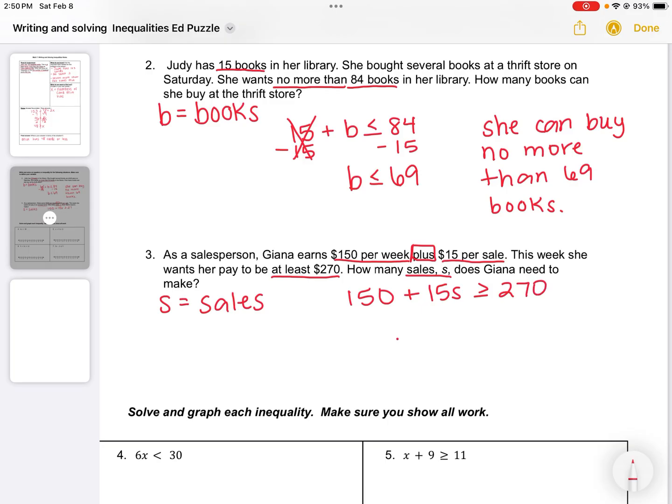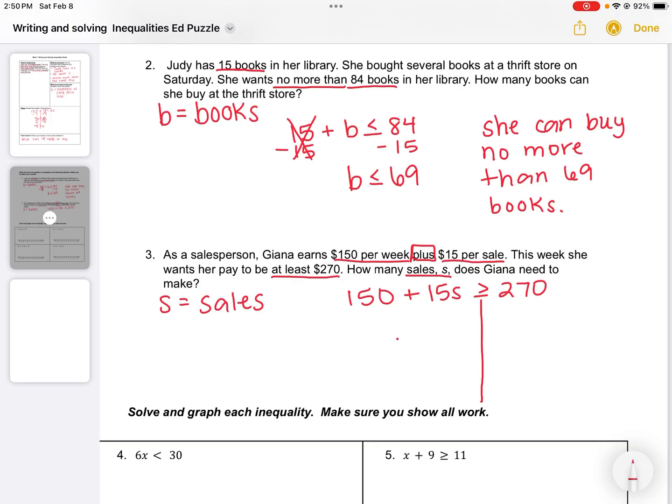From here, I'm going to draw my line down. And then, first step, I'm going to look to see if I can simplify any like terms. No. There are like terms, however, they are not on the same side as the inequality sign. Step 2, I want to see if there's any adding or subtracting that I can get rid of. On the left side, I do see that $150 being added to 15S.